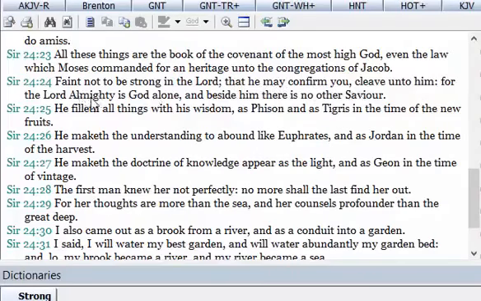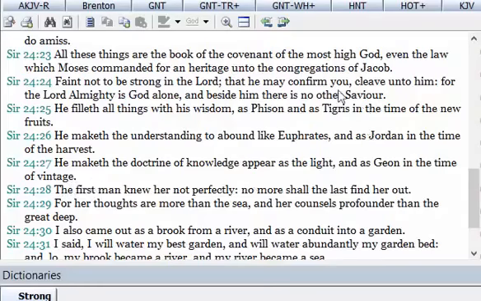Cleave unto him, for the Lord Almighty is the power alone, and beside him there is no other Savior. He filleth all things with his wisdom, as Paisan and Tigris in the time of the new fruits. He maketh the understanding to abound like Euphrates, and as Jordan in the time of the harvest. He maketh the doctrine of knowledge appear as a light, and as Gion in the time of vintage.